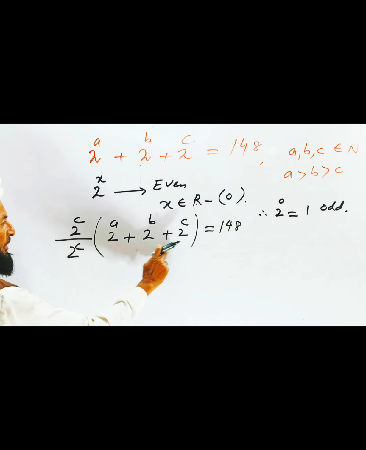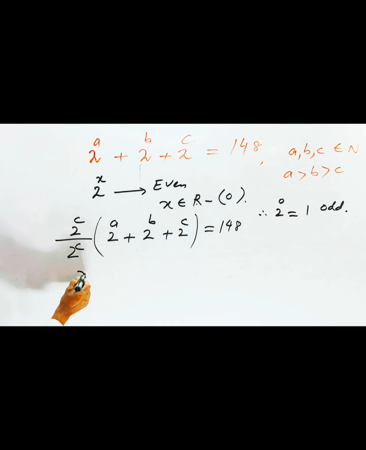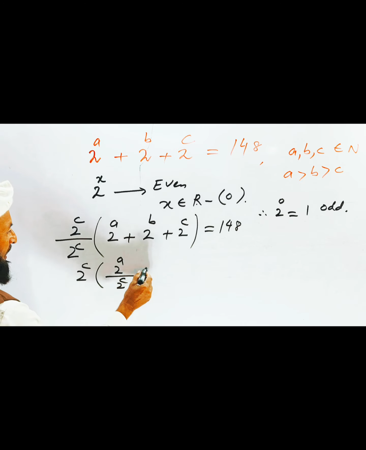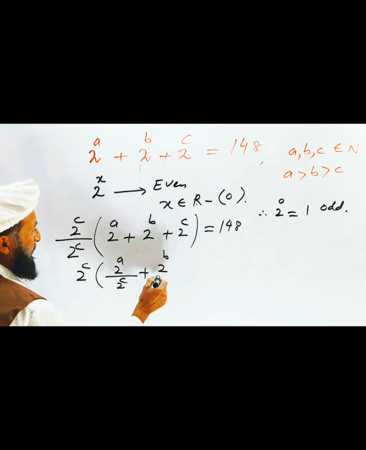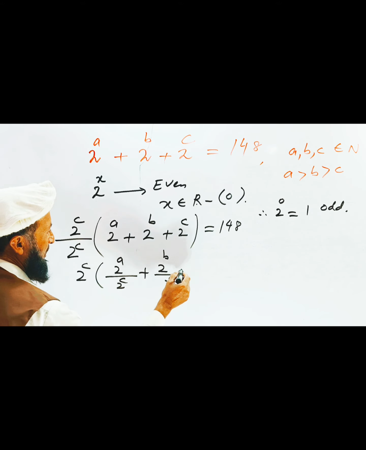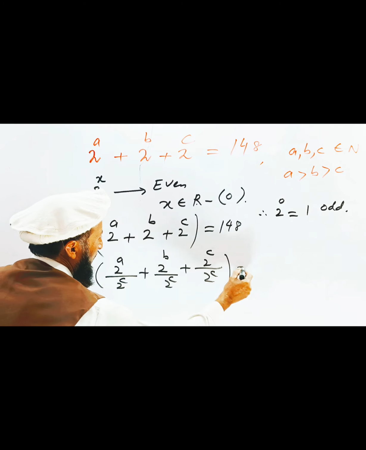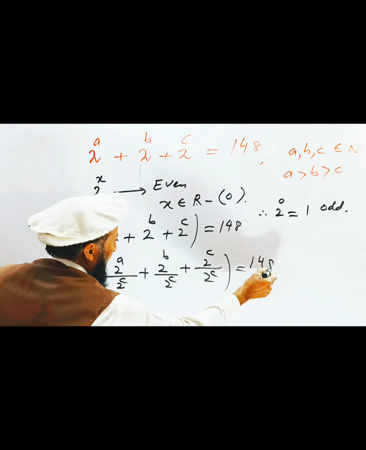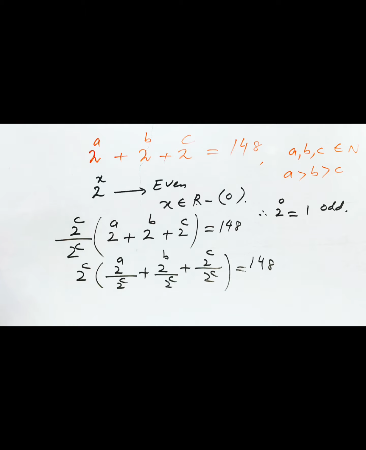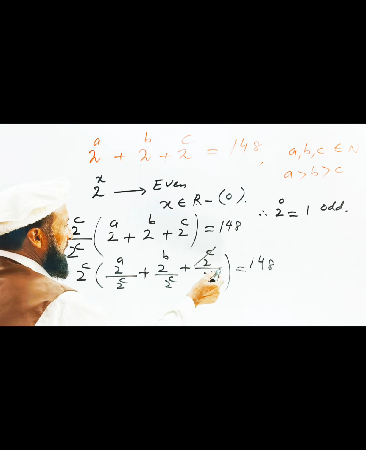So we get 2 exponent of a divided by 2 exponent of c, plus 2 exponent of b divided by 2 exponent of c, plus 2 exponent of c divided by 2 exponent of c is equal to 148. Now these last terms cancel each other.